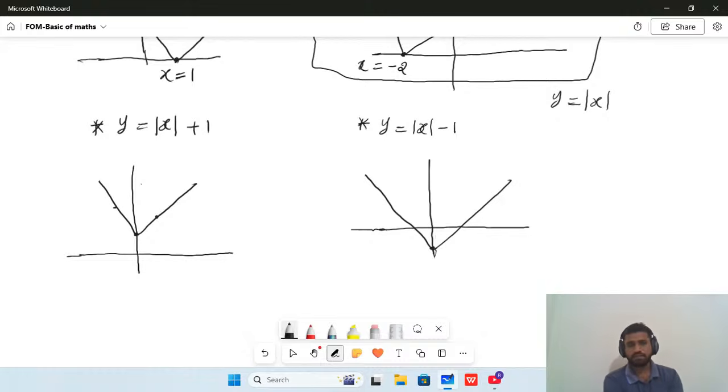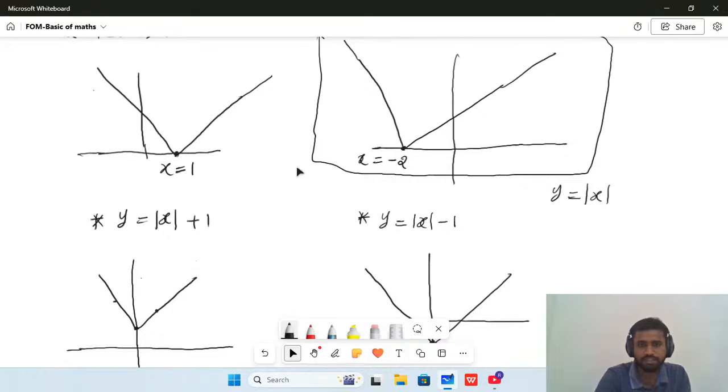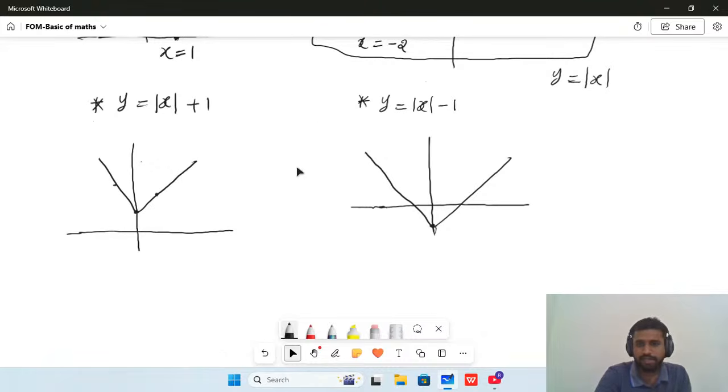This is how graphs of modulus functions are shifted upward, downward, left and right, by adding constants to the x value. These are graphical transformations. Clear?